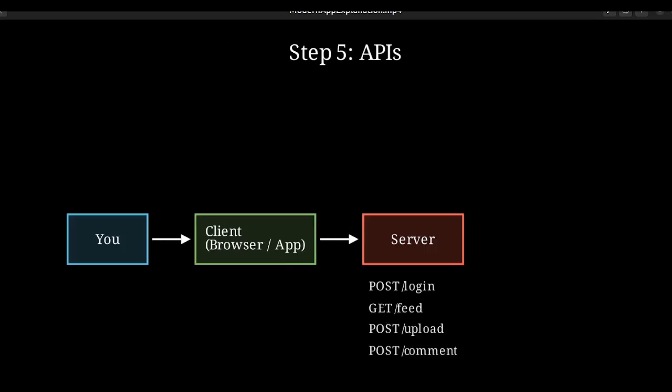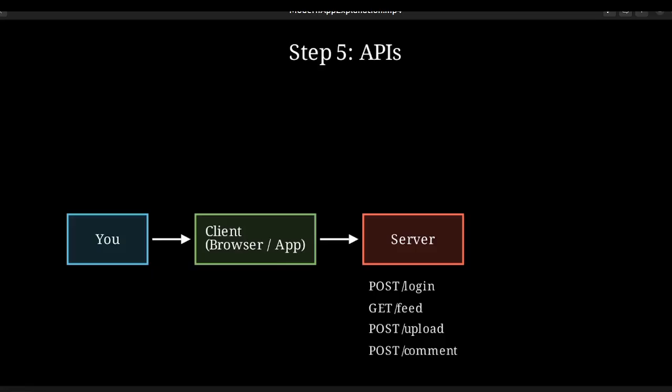Now you are sending the request to the server, but how does the server actually know where to go and what you actually want? You just ask that you want to go to Instagram, and it takes you to the home page.